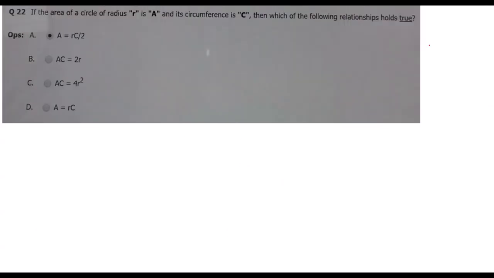Now, question 19, regarding the area of a circle and its circumference relationship. Circumference is 2 pi r. Area of a circle is pi r square.